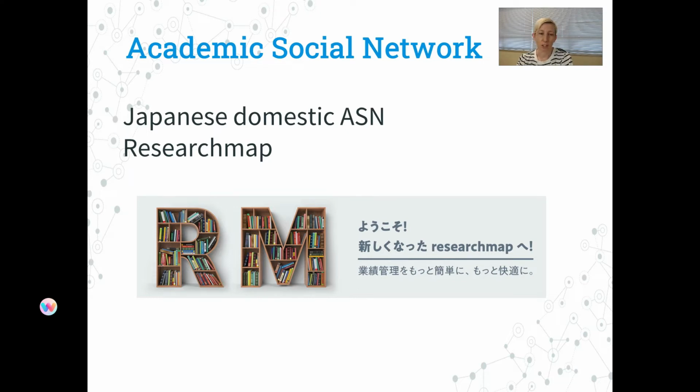They may look at profiles to decide whether a particular project gets funded. And increasingly, institutions are also using ResearchMap to help them in their evaluation of researchers. So it's really important for many researchers to keep their ResearchMap profile up to date.